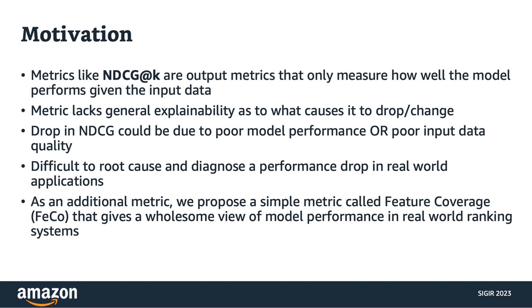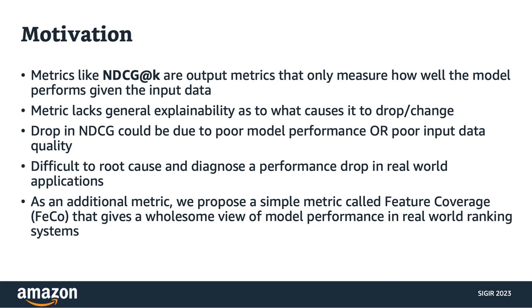Metrics like NDCG at K, MRR, etc. are mostly output metrics, which only measure how well the model performs with respect to the given data. The metric lacks general explainability as to what causes a drop or a change in the metric. It could be due to poor model performance or poor data quality.